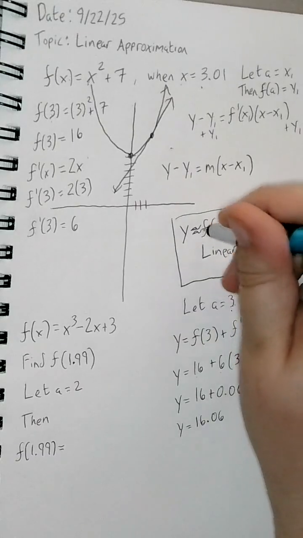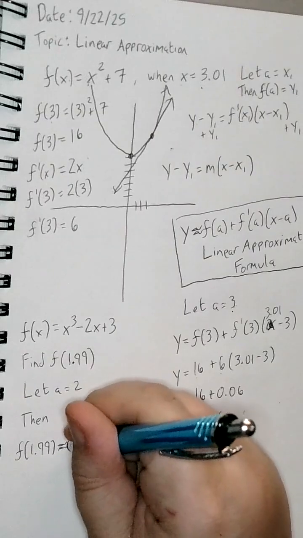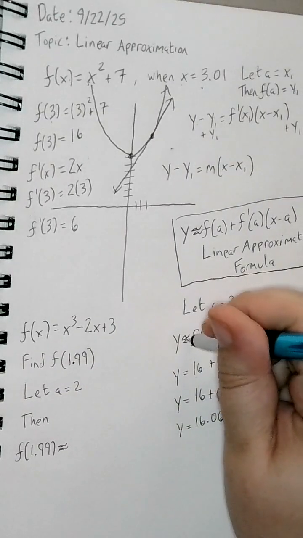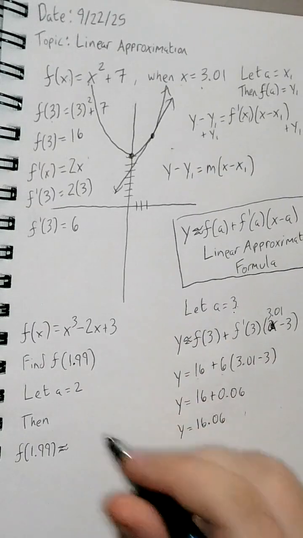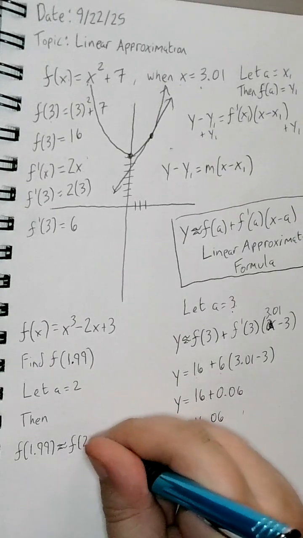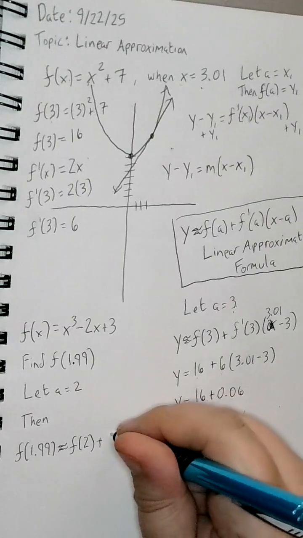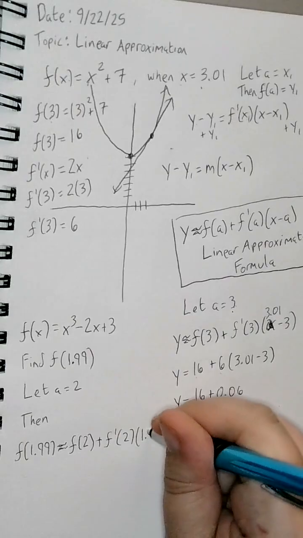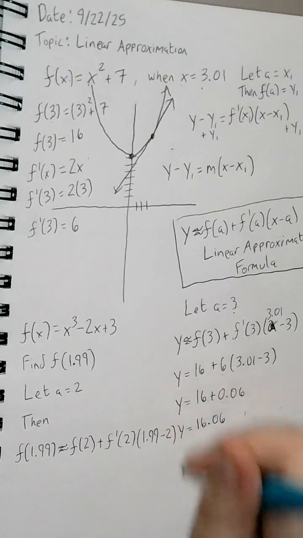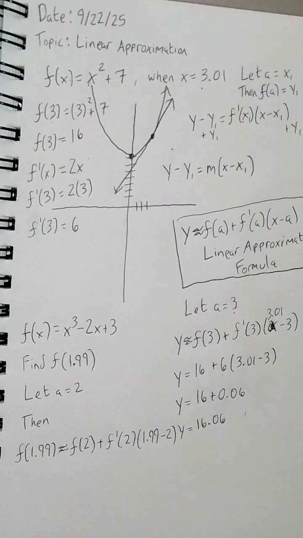So I agree, this is going to be a squiggly equal sign. You're right. So here it's going to be f of 2 plus f prime of 2 times 1.99 minus 2. You're exactly right.